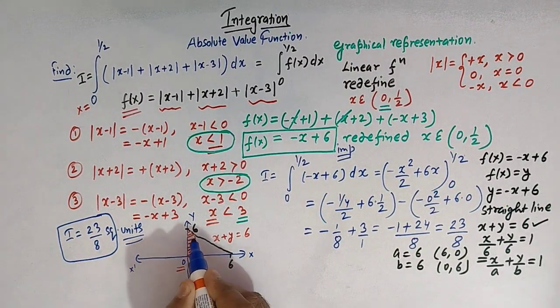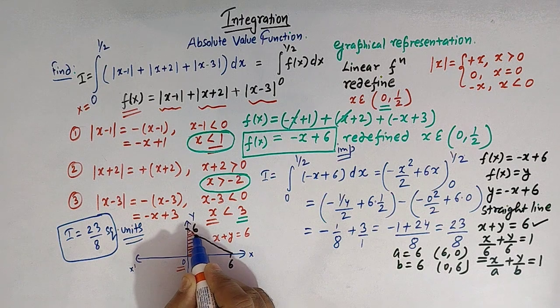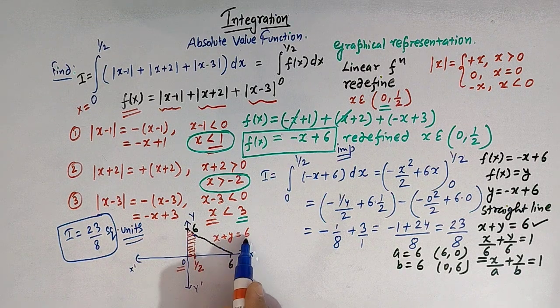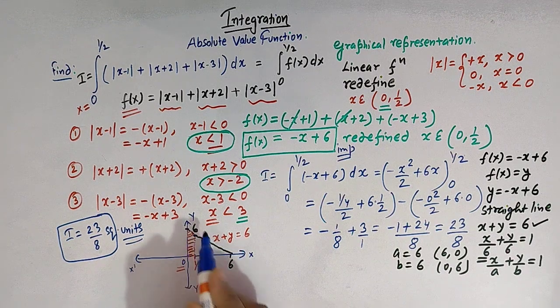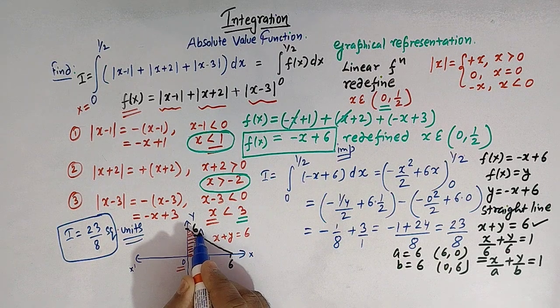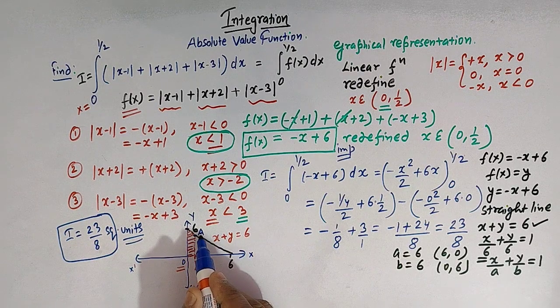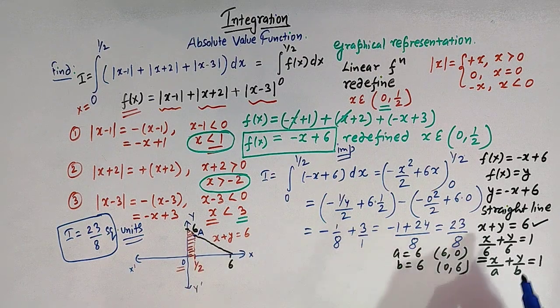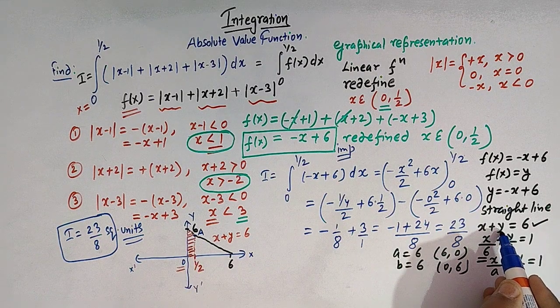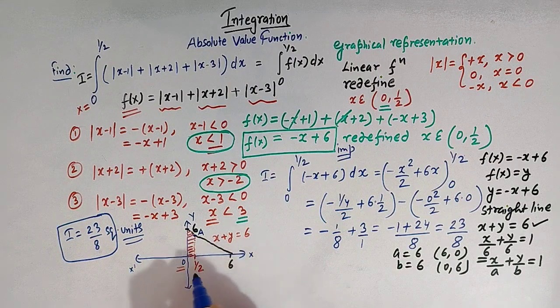So now see, this dotted line intersects this straight line x plus y is equal to 6 at this point. Let us take this point as A, right? Now to find the coordinates of this point A, see the x coordinate is half, right? So the y coordinate can be obtained from this equation, that is x plus y is equal to 6, by taking x is equal to half, right?